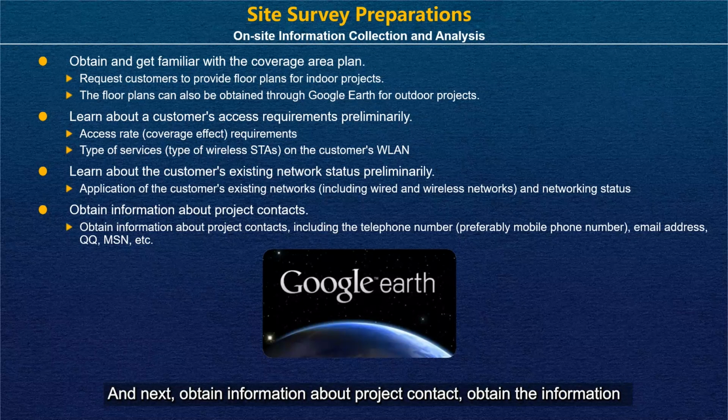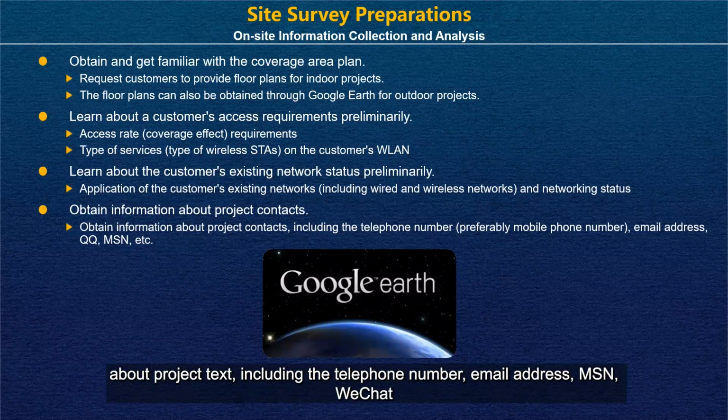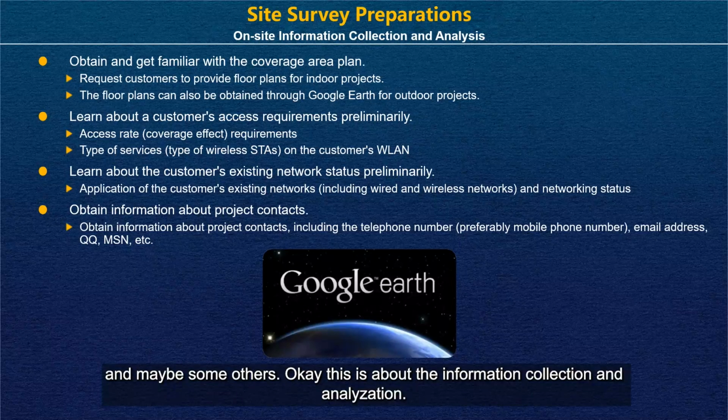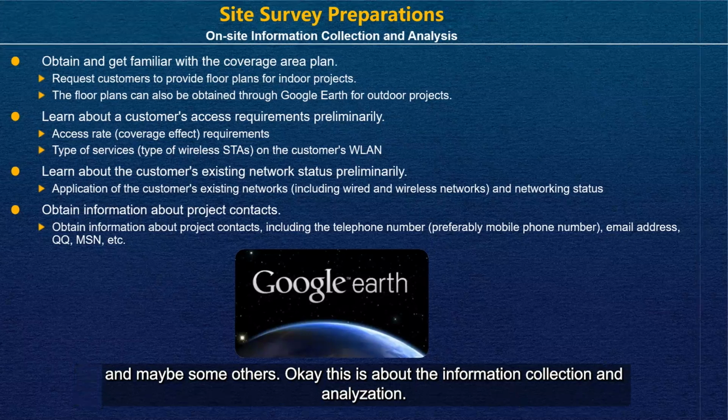Okay, and next, obtain the information about the project context, including the telephone number, the email address, MSN, WeChat, and maybe some others. Right? Okay, this is about the information collection and analysis.